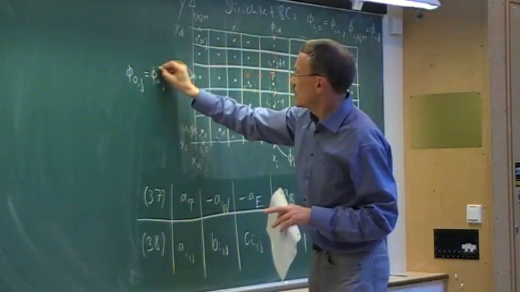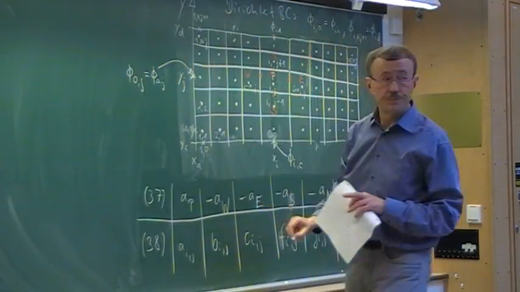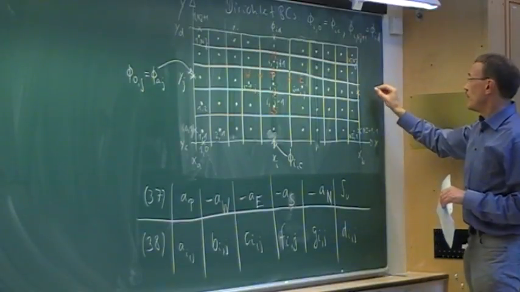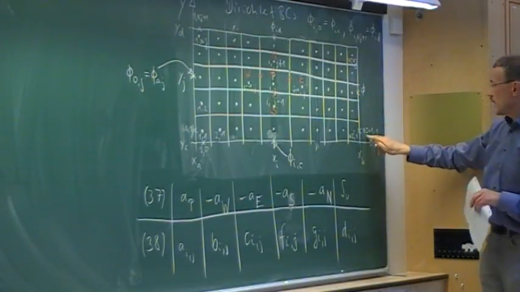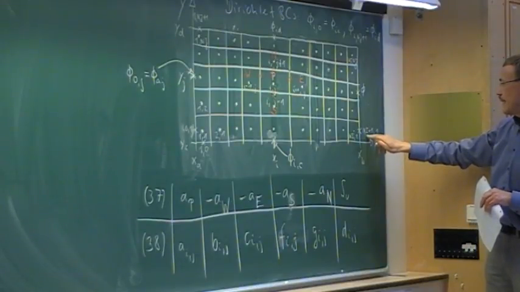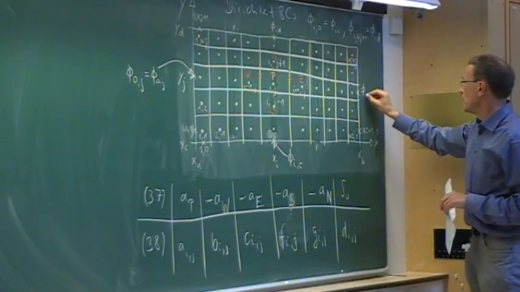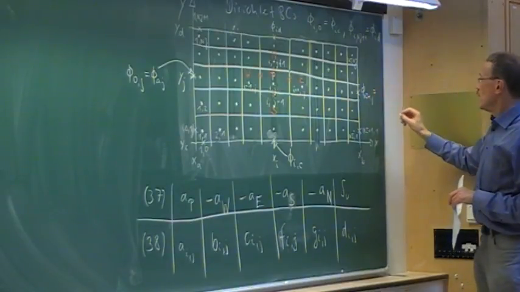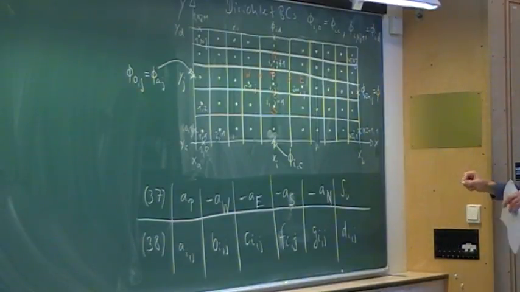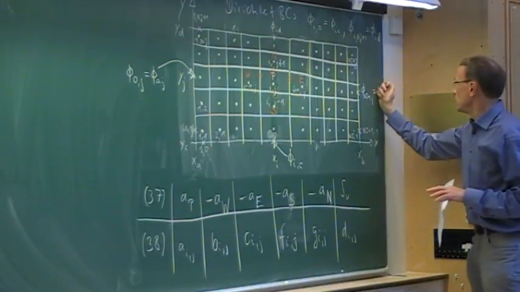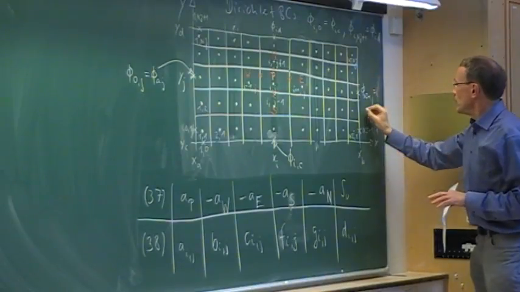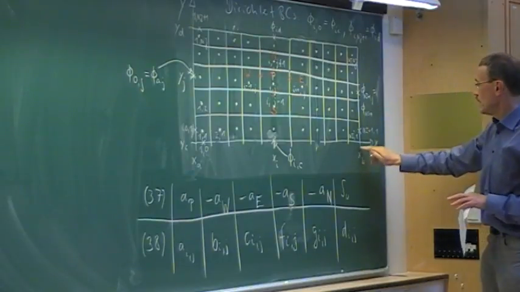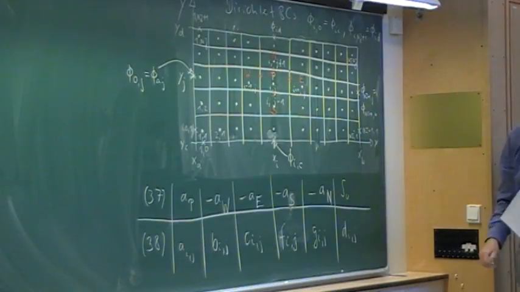So this boundary condition is given here. At this boundary here, we have the phi, the index here is ni plus 1, ni plus 1 j. And that will be given the value phi ni plus 1 b. It will be at the b boundary.